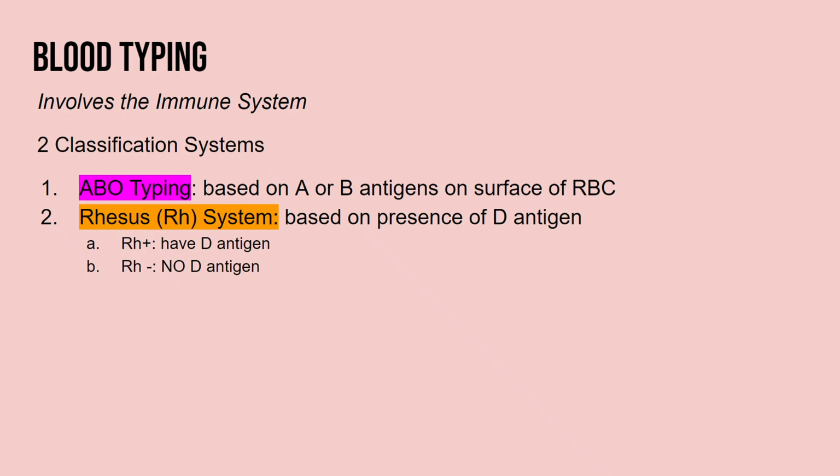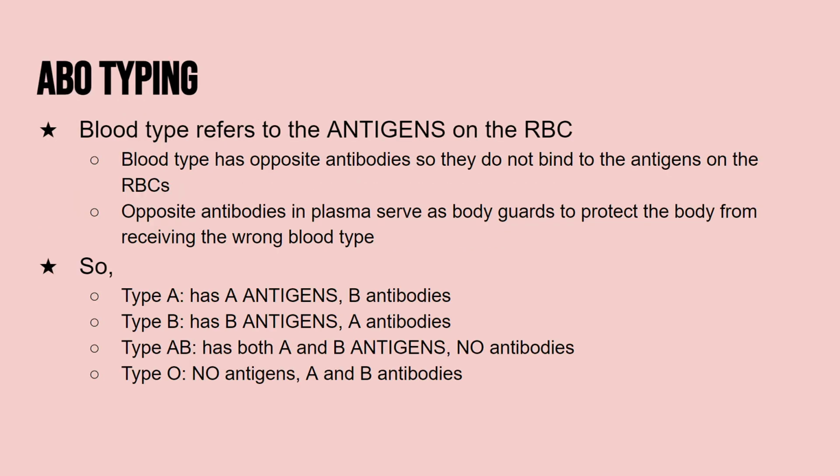This is some information on blood typing. You have two classification systems, ABO and the Rh system. The ABO system refers to the antigens on the red blood cell. If you have a specific type of blood, like say you have type A blood, you then have A antigens, and you have the opposite type of antibodies.